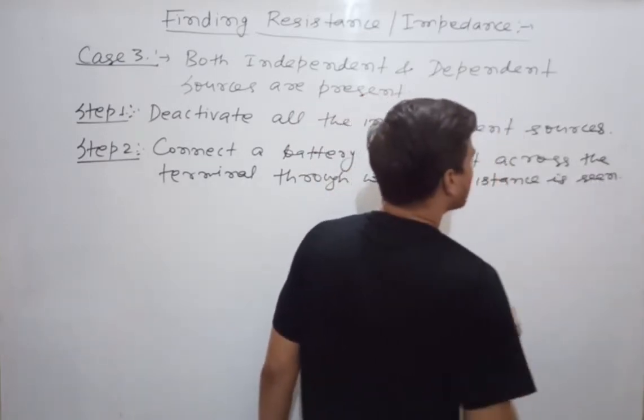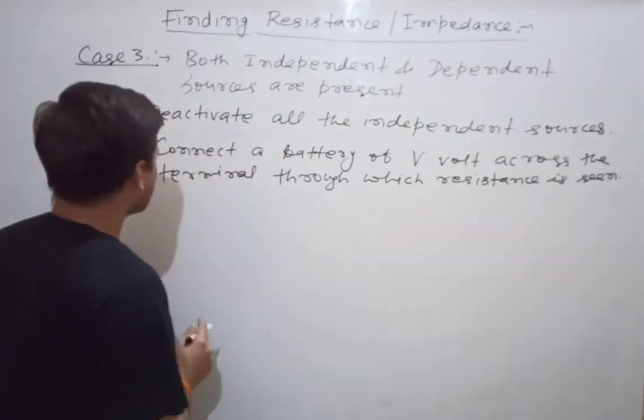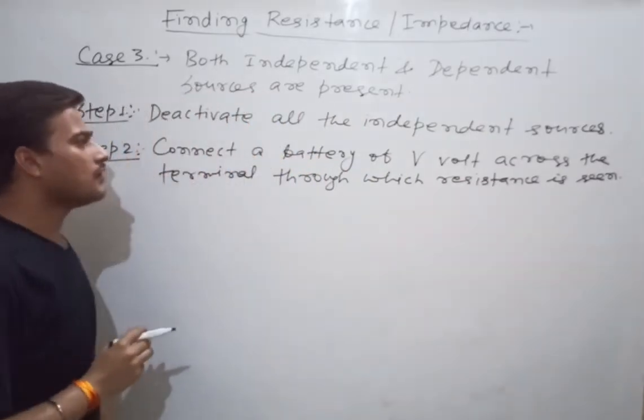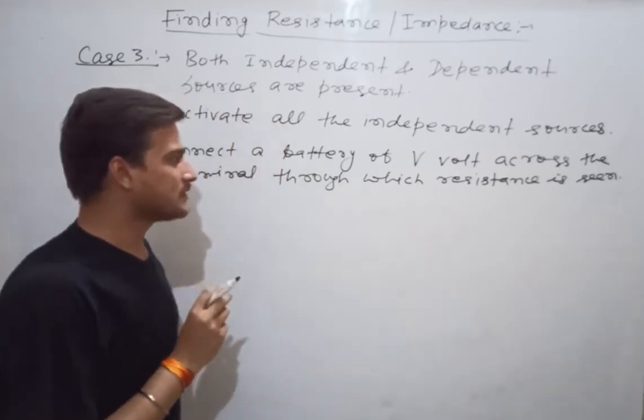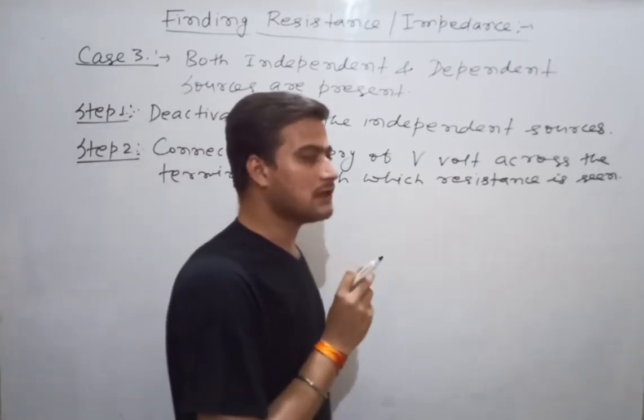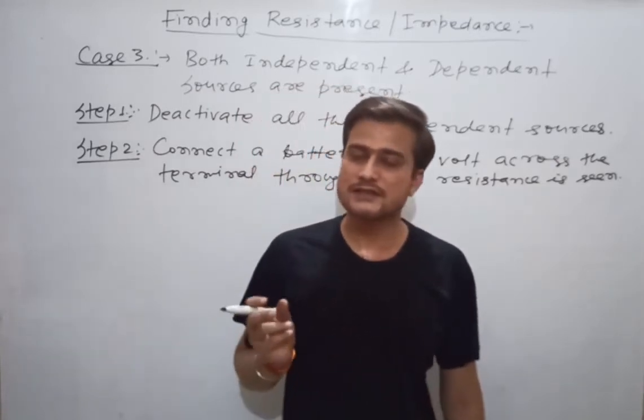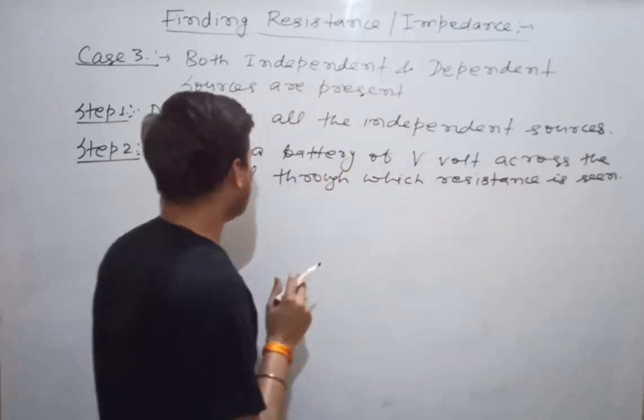Now you have to take a V volt battery and connect it across the open circuit terminal. That means the terminal through which you have to measure resistance, you will connect a V volt battery.